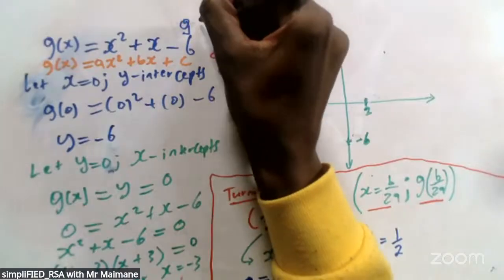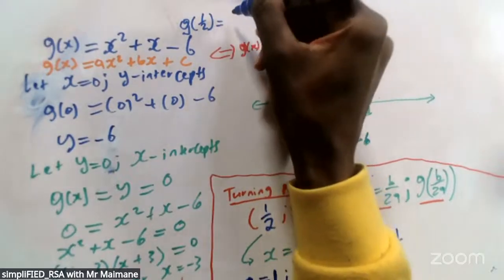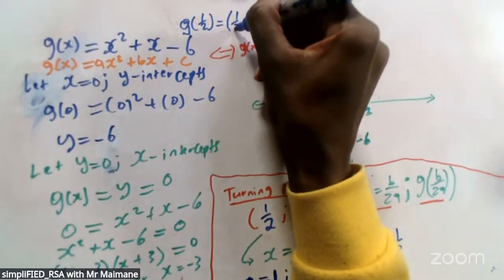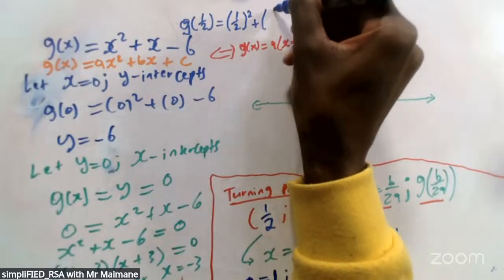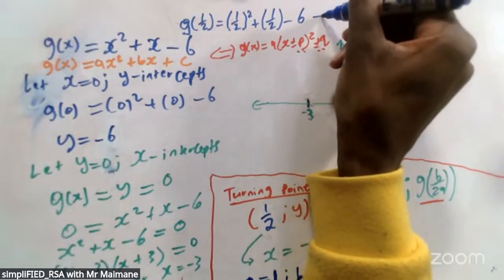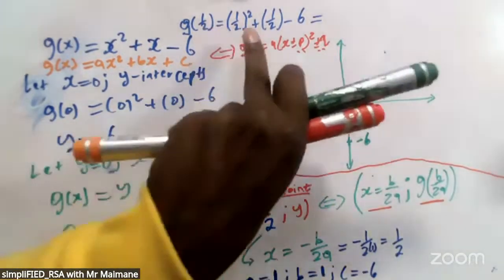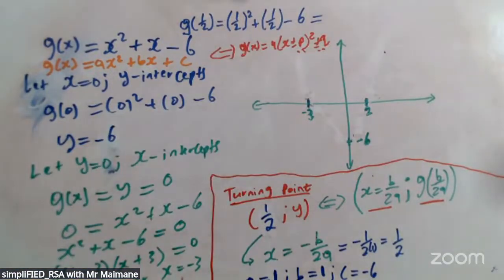So g of 1 over 2 is going to be equal to 1 over 2 squared plus 1 over 2 minus 6, which is equal to.